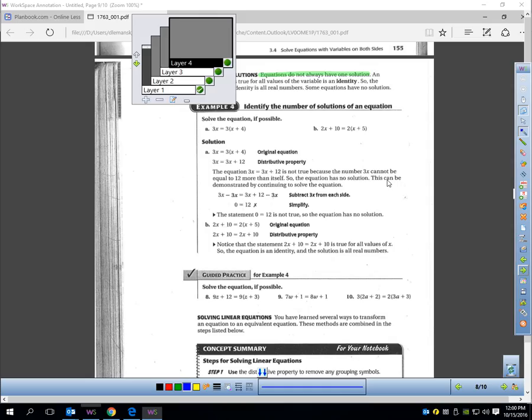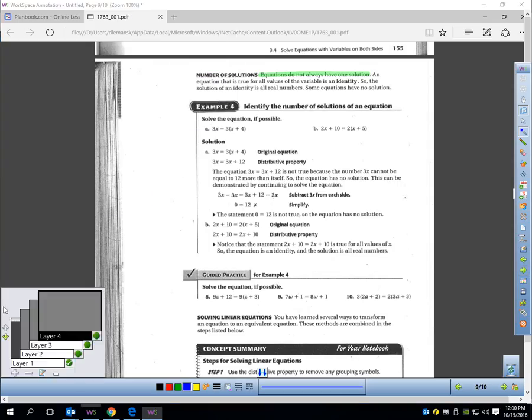Moving forward, when you have variables on each side of an equation, there is a special thing that could happen, okay? The equations do not always have to have one solution. Every problem we've done up to this point in Chapter 3 has had one solution, and that's it. It is possible that you could have problems that are true for all values of a variable.